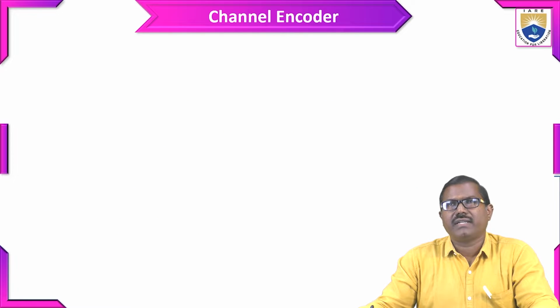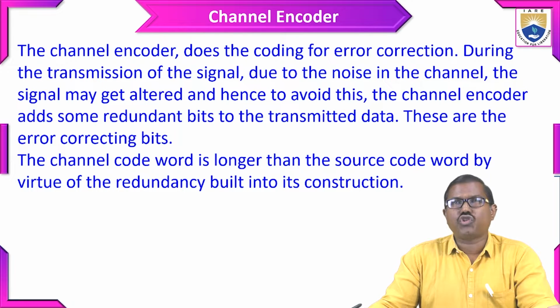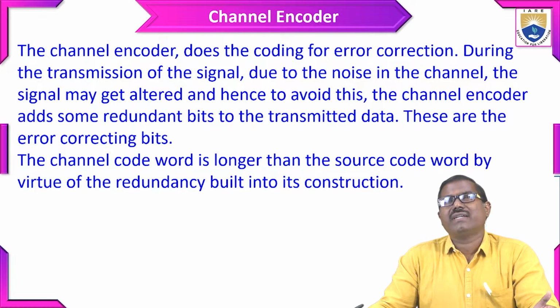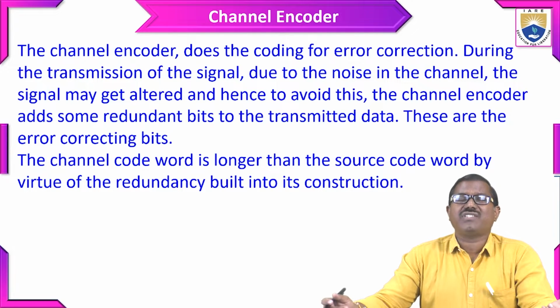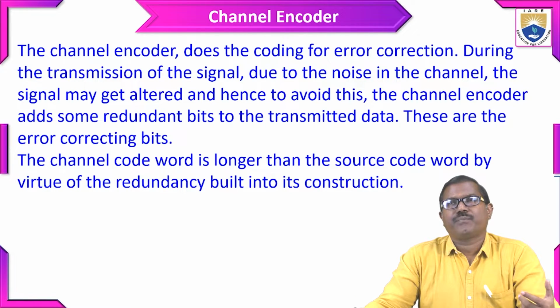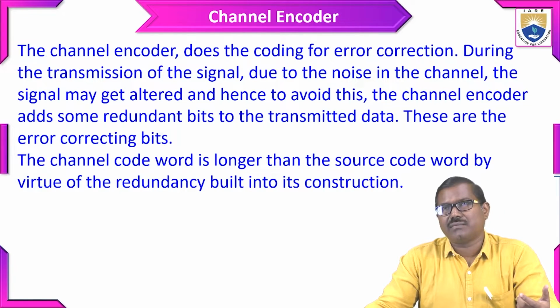Coming to the next slide, the channel encoder. We have already seen that block diagram. After the source encoder, we have a channel encoder. The channel encoder does the coding for error correction. Why? Because after all the process, we are launching the signal into the channel.